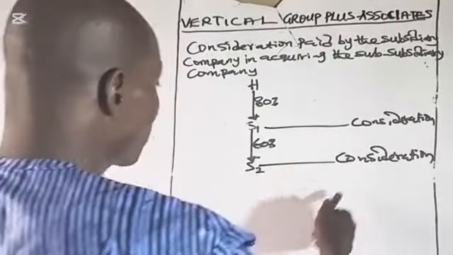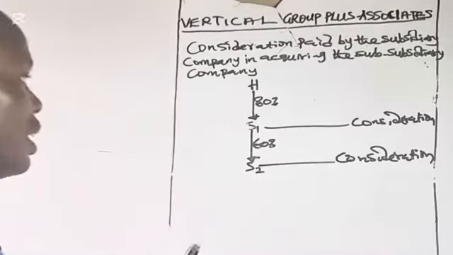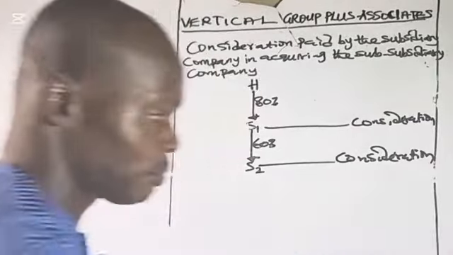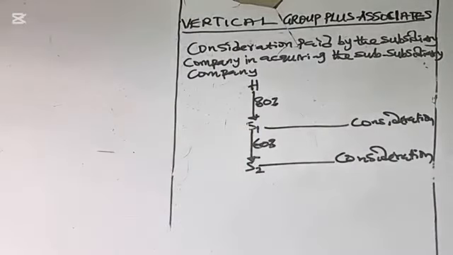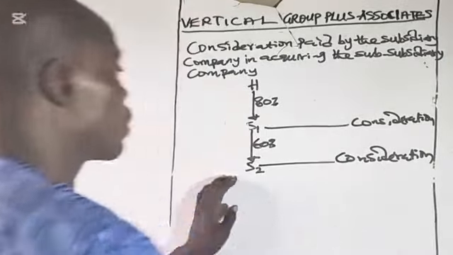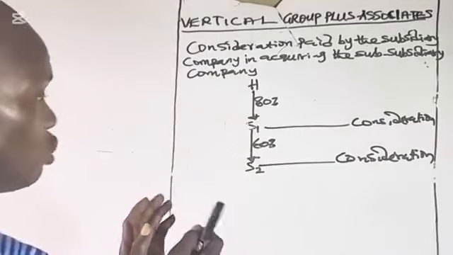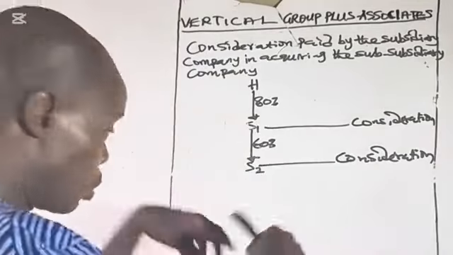This consideration will not be used in calculating goodwill directly. The latter consideration, the consideration paid by the subsidiary company in acquiring the sub-subsidiary company, will not be used in calculating goodwill. The total consideration, we don't use it.